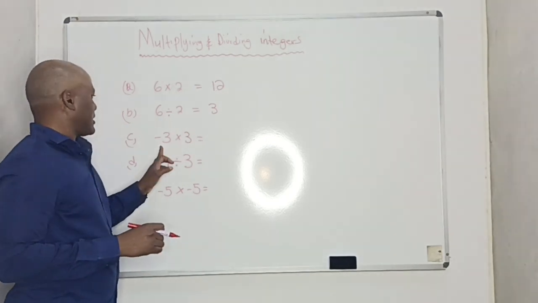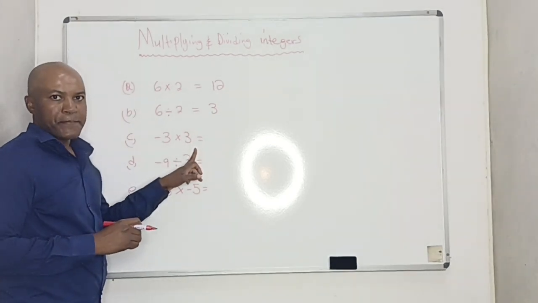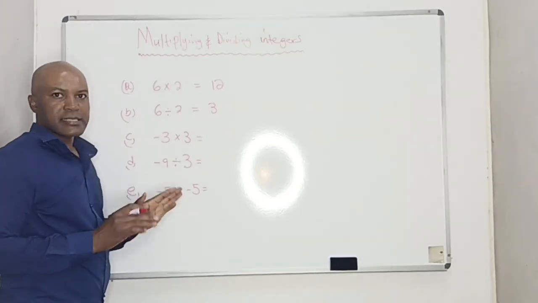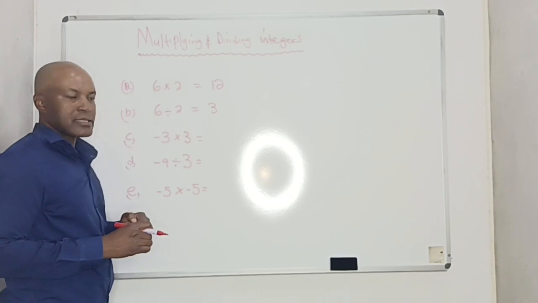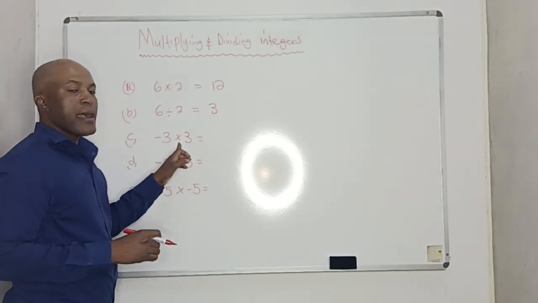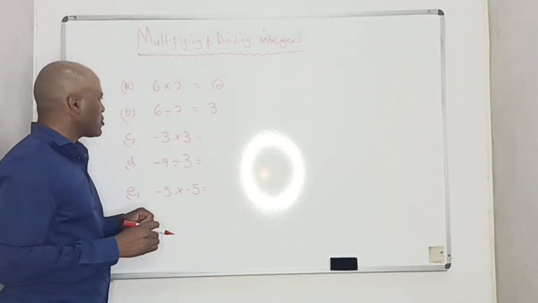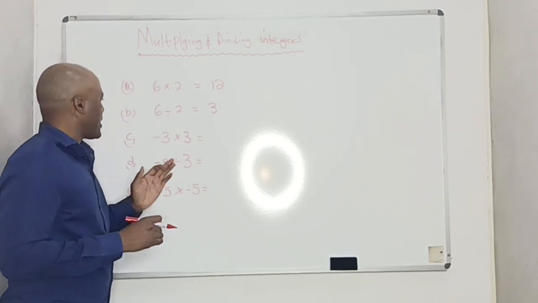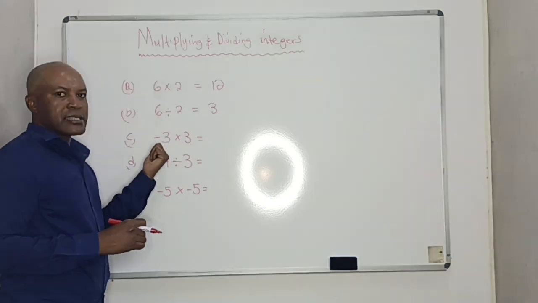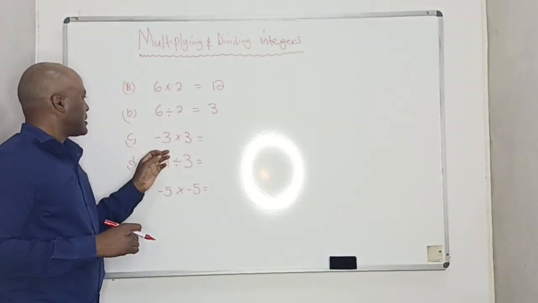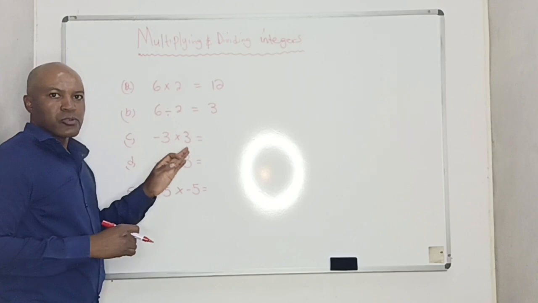But pay attention here. Now the signs are not the same. You've got a negative and you've got a positive this side. Then, and you are multiplying. So the rule says if you are multiplying, the signs that they've got a negative, please count those signs.